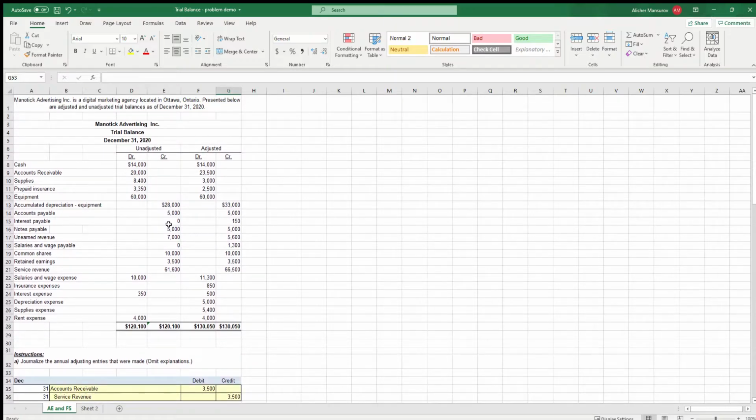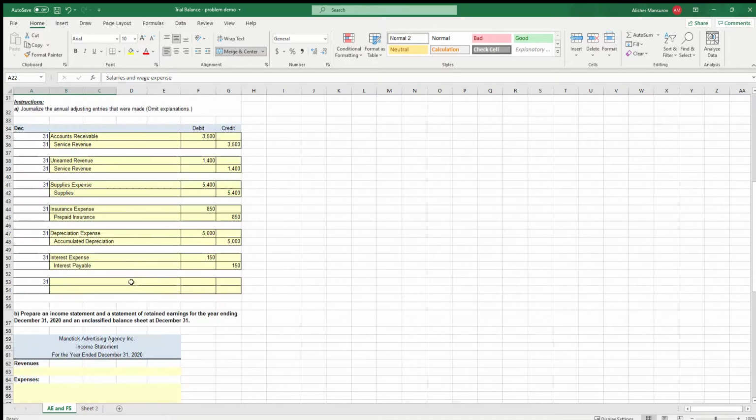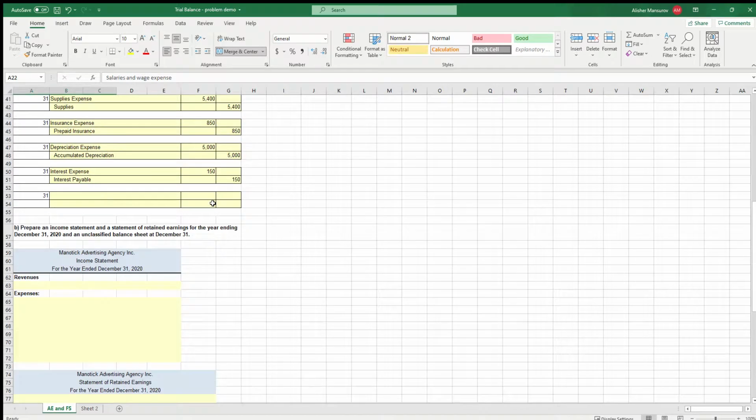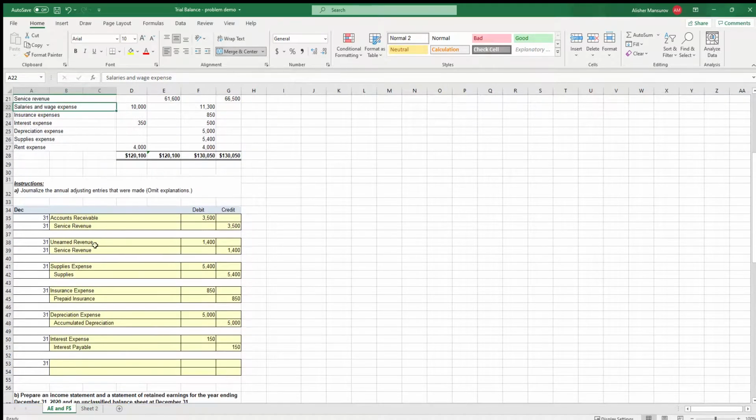And it looks like there is one more change we should account for, and it is salaries and wages. It went up by $1,300, and this is of course caused by salaries and wage expense, which increased from $10,000 to $11,300.